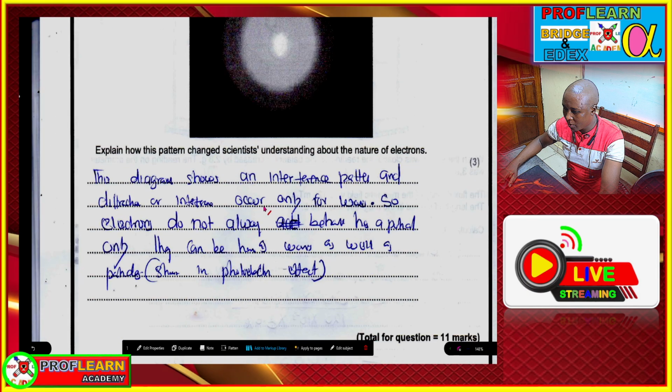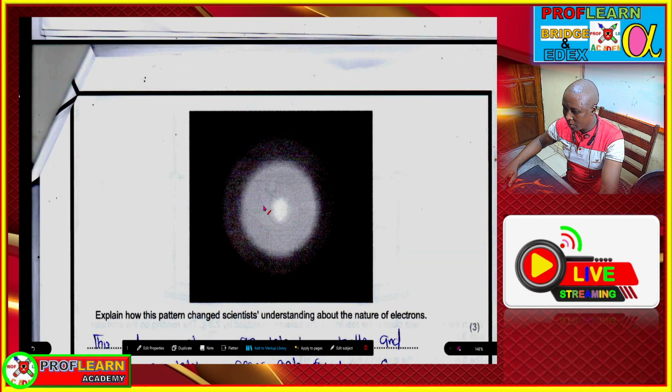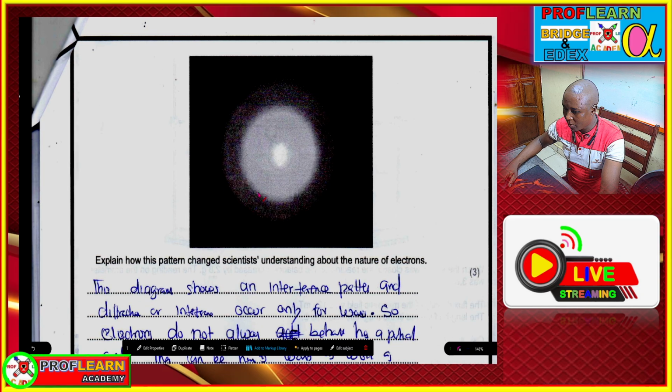So from this one, it was concluded that electrons can behave as particles, which is shown in the photoelectric effect. Also, electrons can behave as waves, which is the reason why we are having diffraction patterns. A diffraction pattern will only be observed when we are talking of a wave.